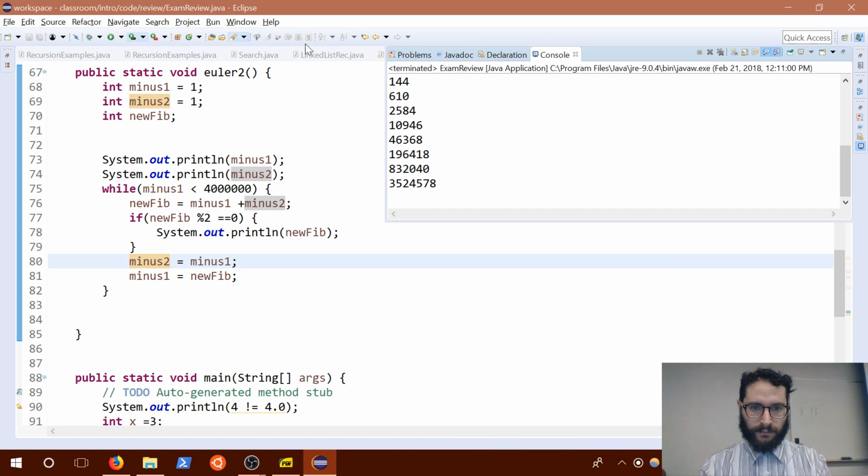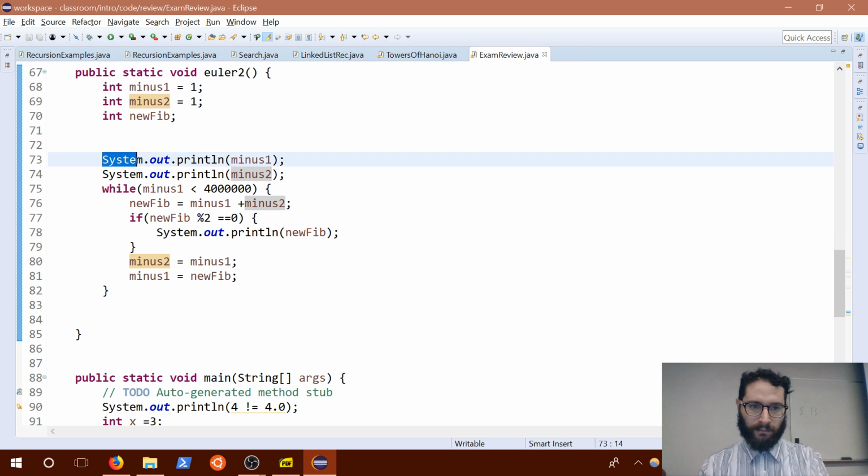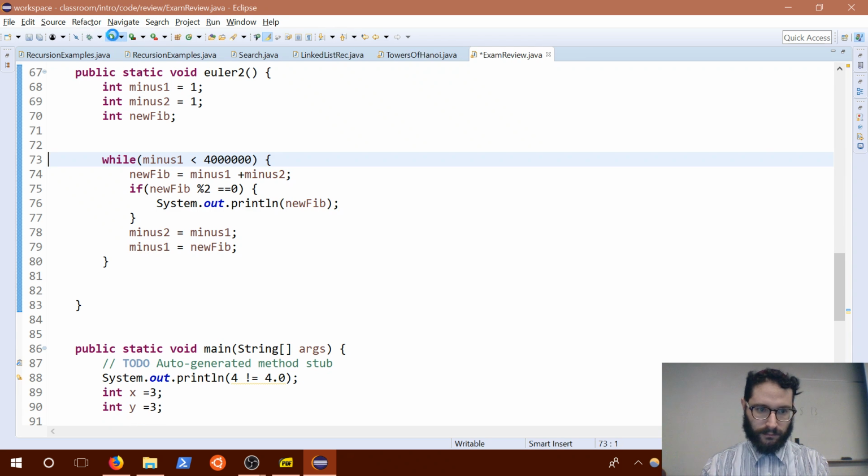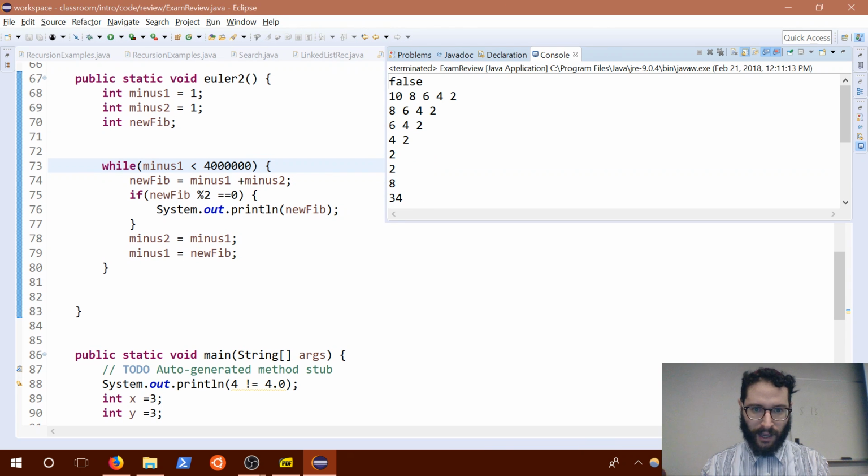So now there's all the even Fibonacci numbers over here. Minus those ones. Boom. Okay, so we've got 2, 8, 34, 144. So all those numbers need to be summed together.